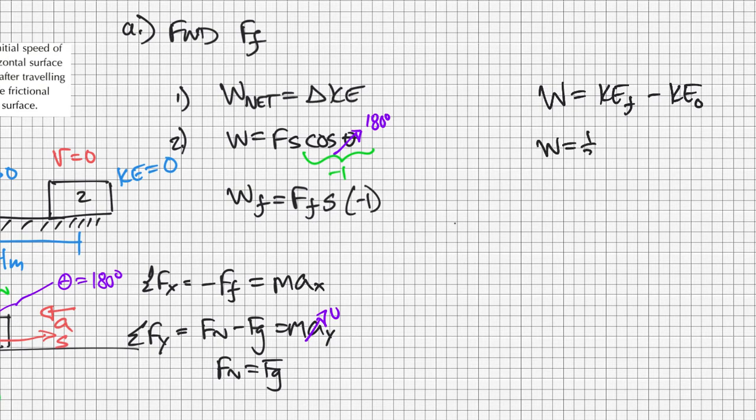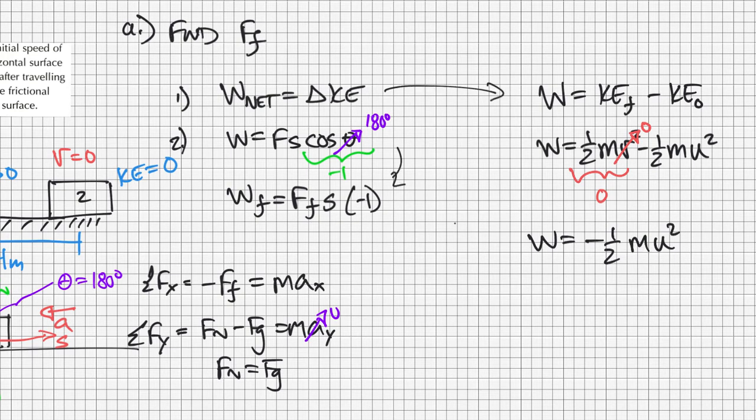That's going to be 1/2 m v squared minus 1/2 m u squared, where u is my initial velocity and v is my final velocity. My final velocity is 0, so that makes this entire portion 0, and the work is going to equal negative 1/2 m initial velocity squared.